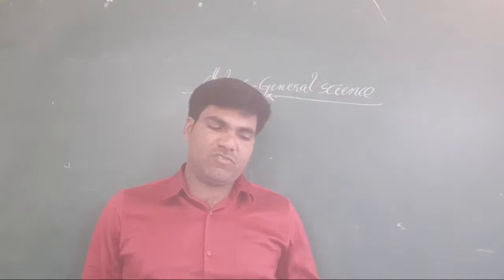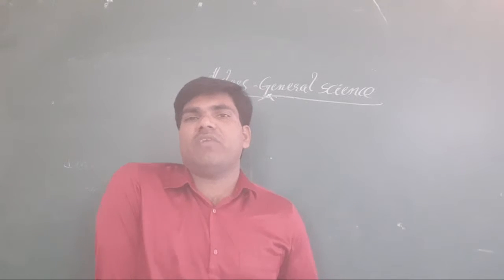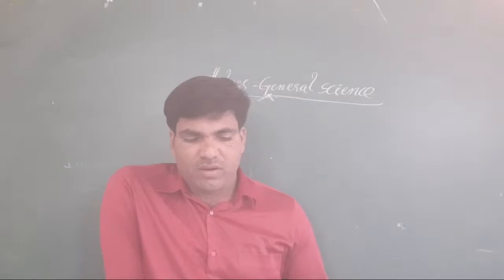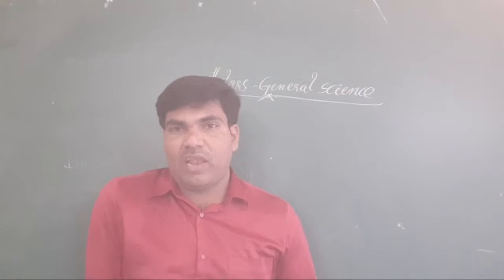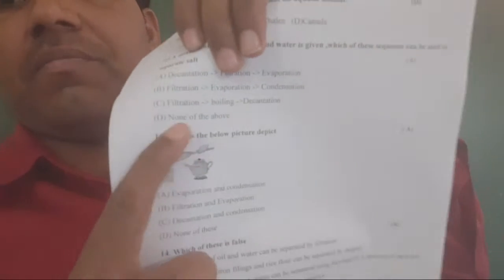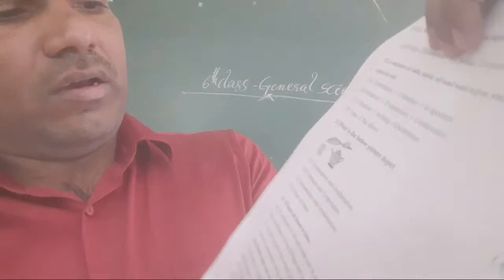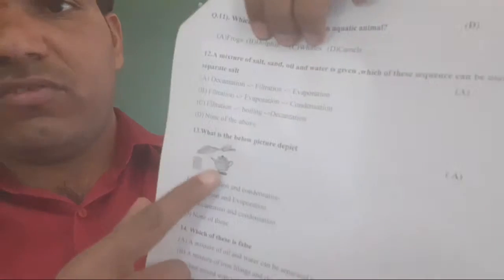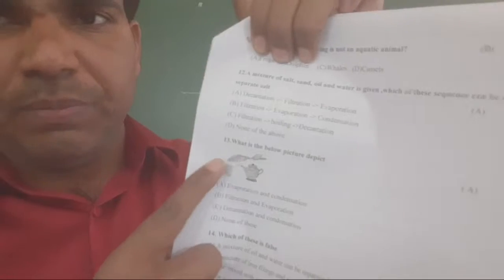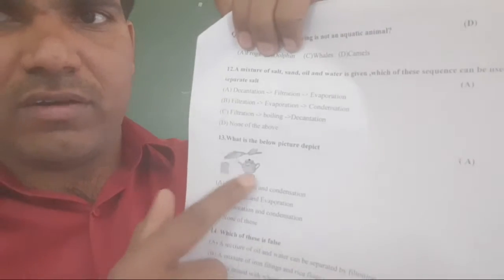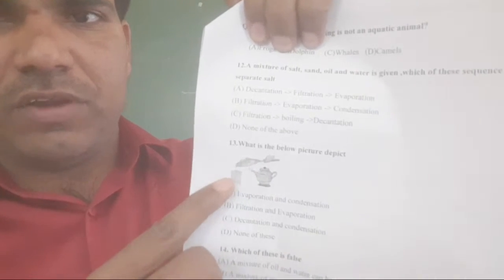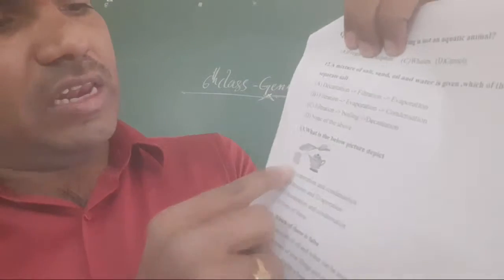And the next one is a picture that may not be given in your examination. Here we heat the tea, it is covered by a plate, and it comes back in the form of a liquid again.